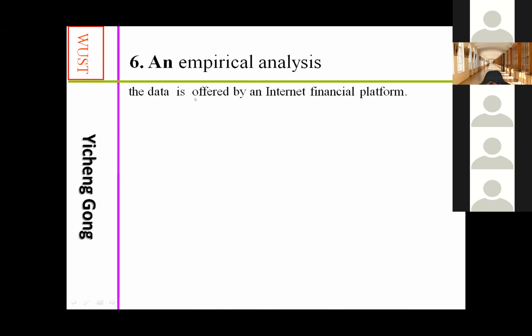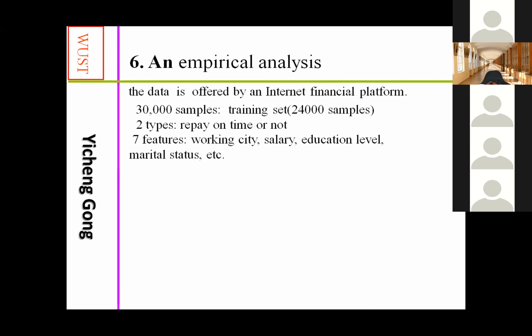The data is offered by an internet financial platform, including 13,000 samples in the testing set, and the training set includes 24,000 samples. The label has 2 types: repay online on time or not.